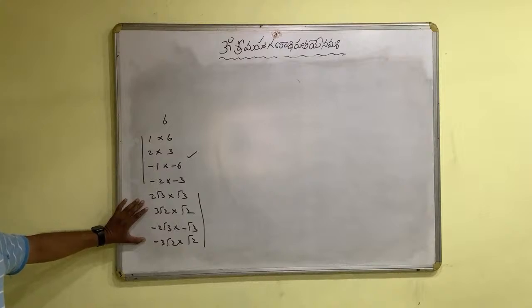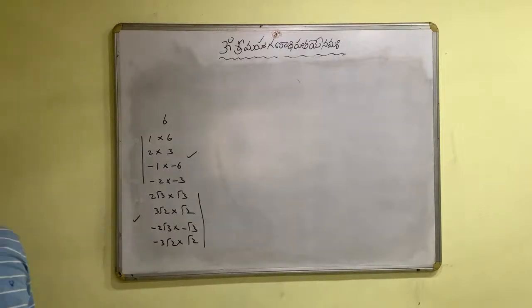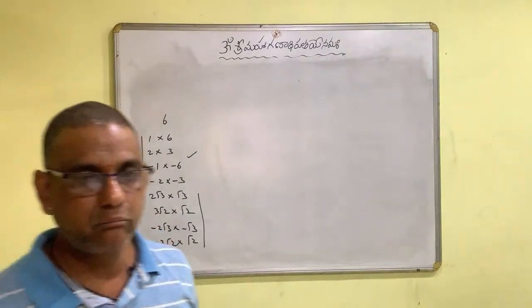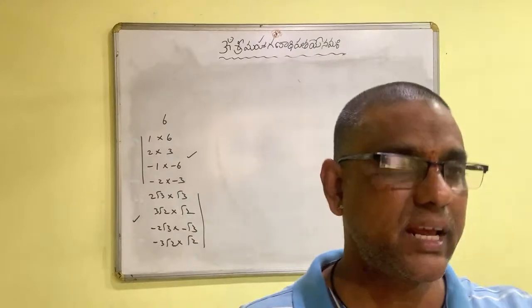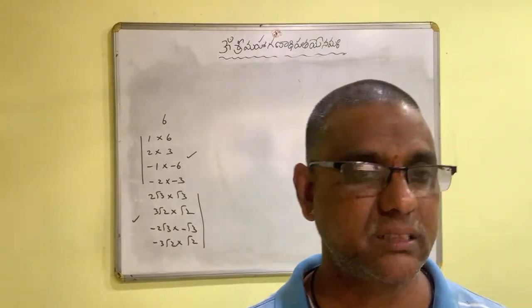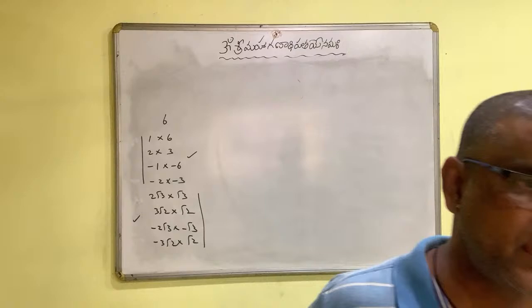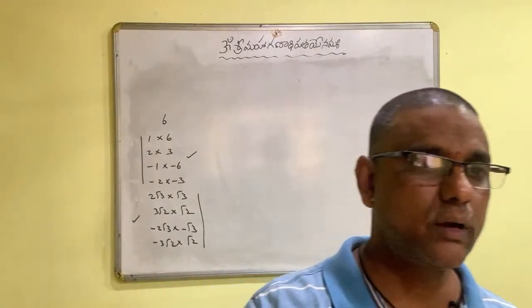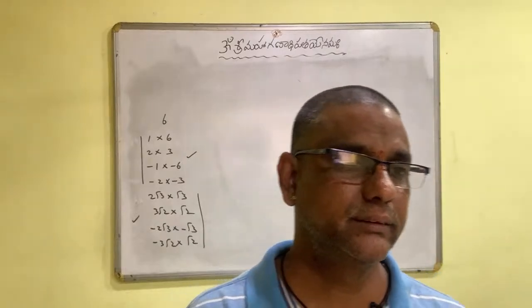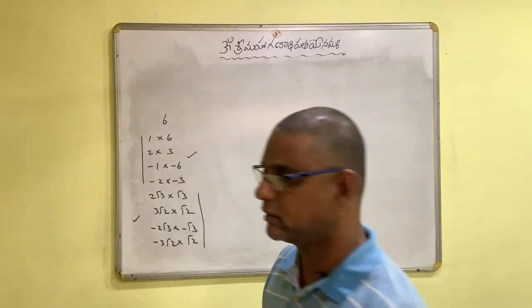Irrational factors. Very good. So a number is having rational factors as well as irrational factors. That is what you have to understand.